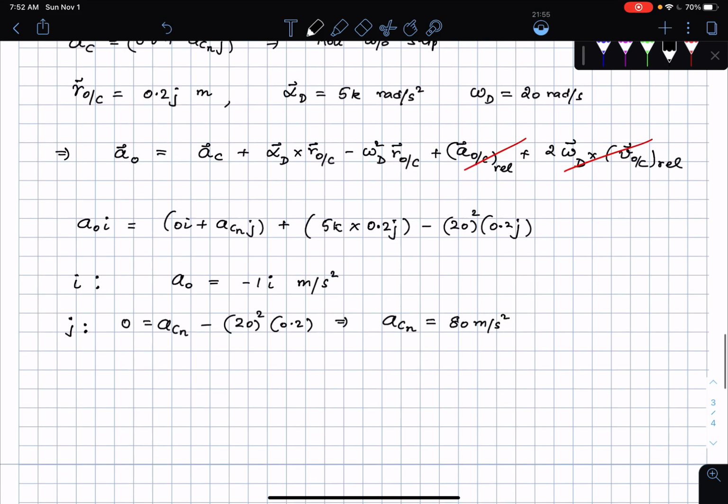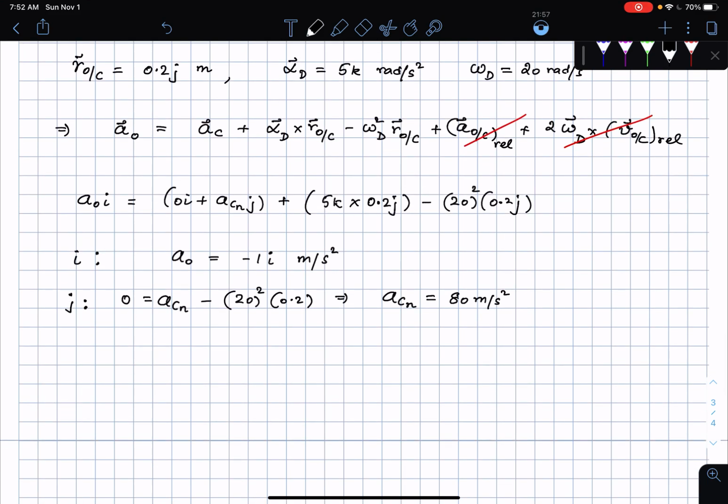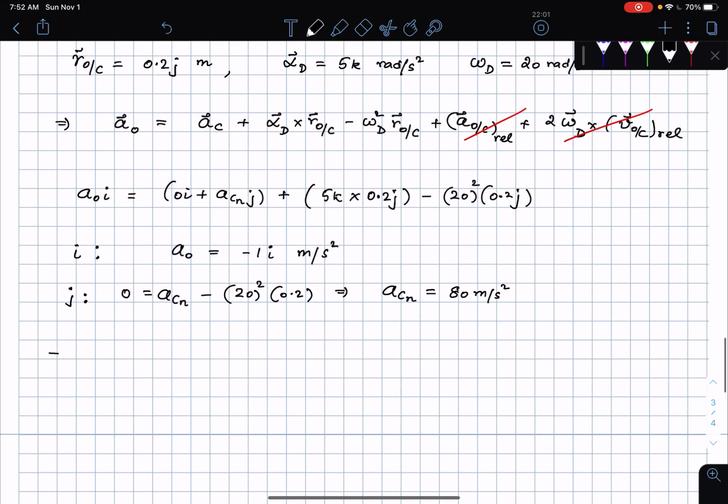Now some of you may have asked, why am I not relating acceleration of A to acceleration of C directly? And the answer is because I don't know the acceleration of C completely, and it is possible that the acceleration of A can have a component in the J and the I directions.